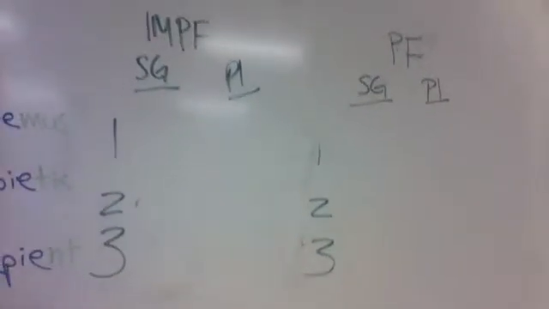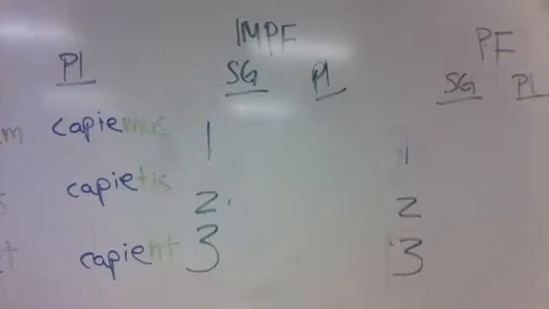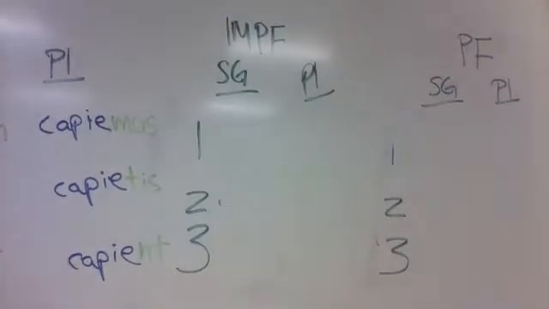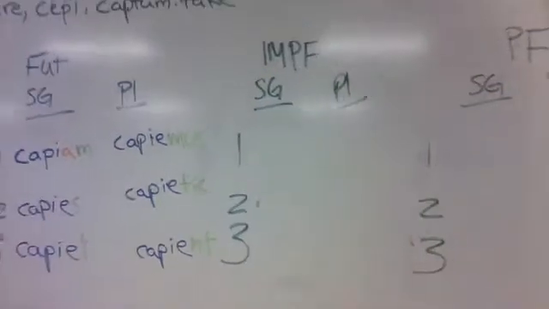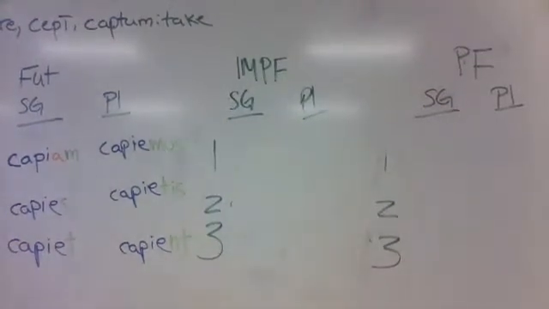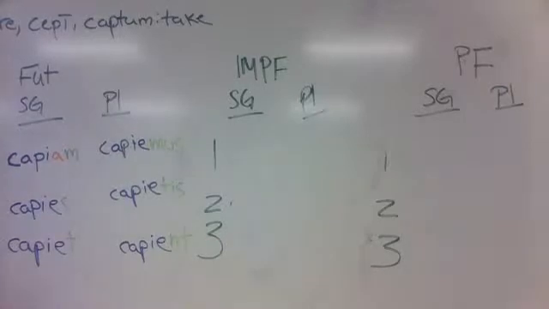Next, we have imperfect. So notice how it's following fourth conjugation and mixing some of the third conjugation into it. First thing we do, take our stem.